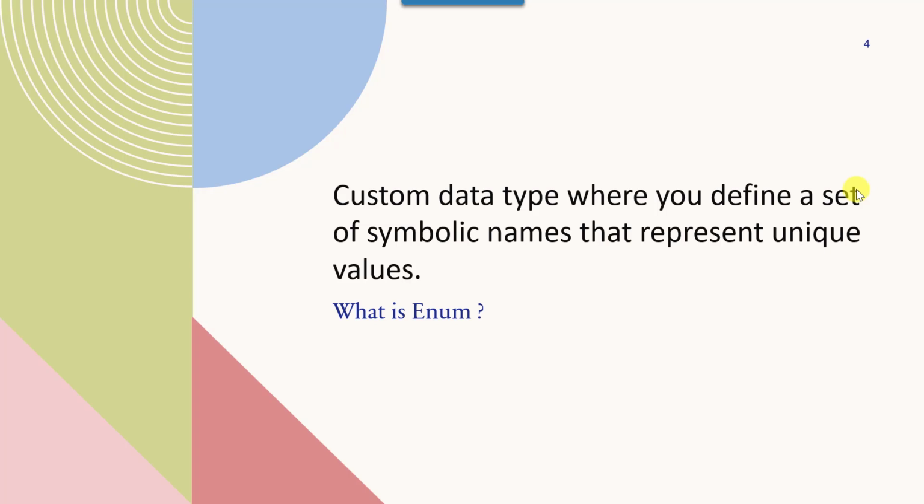So in very simple terms, enum in Python is like a dictionary of named constants that you use to represent a specific set of choices or options in your code. Enum in Python is like a custom data type where you can define a set of symbols, or we can call them members also, that represent unique values. Each member of the enum can have a name and a corresponding value.